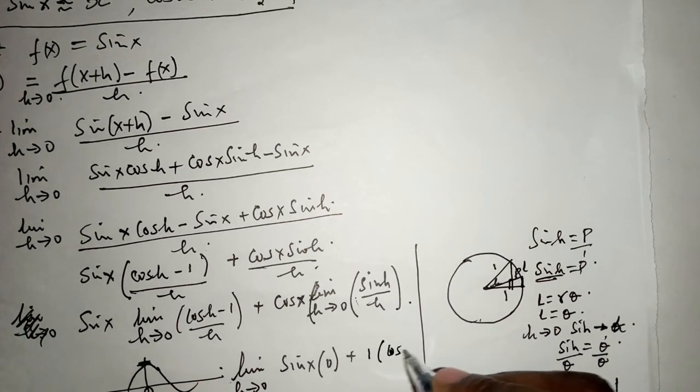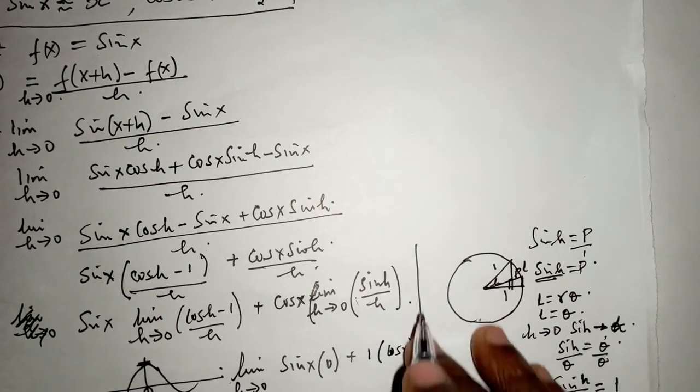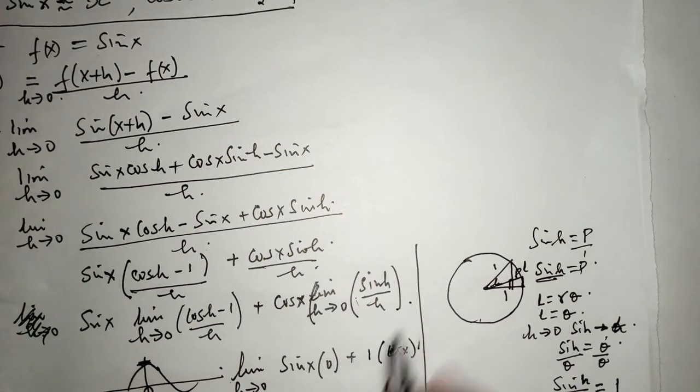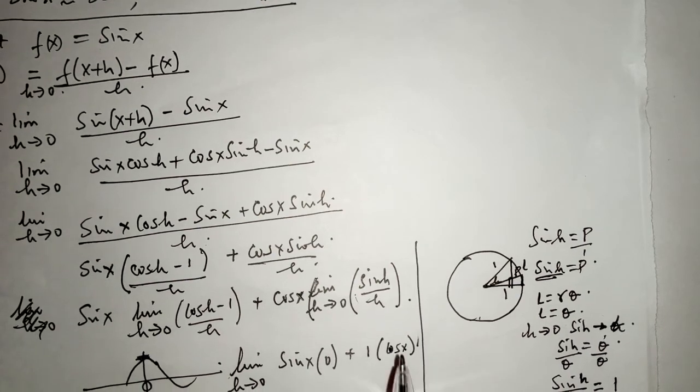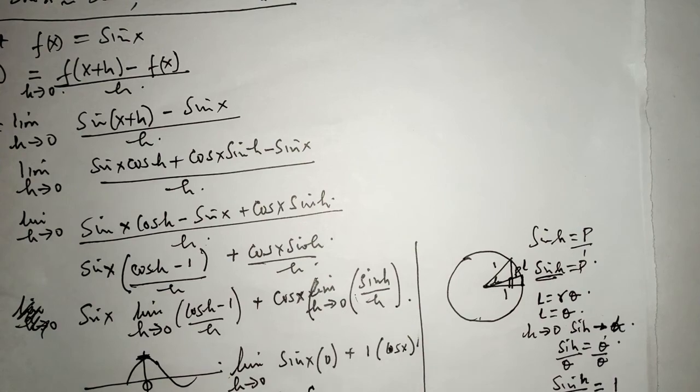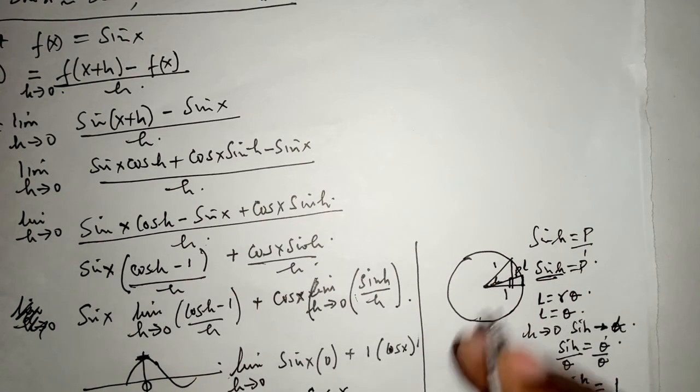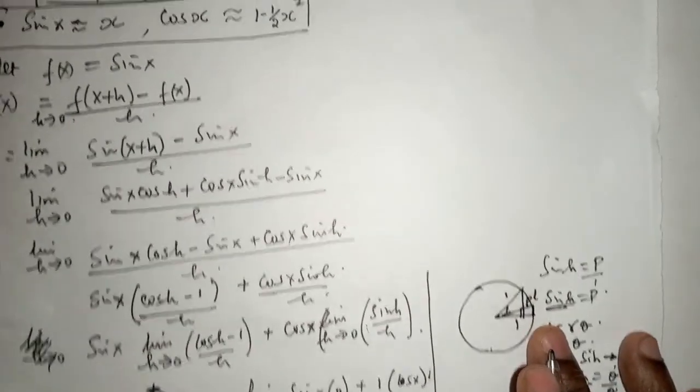1 times the cosine of x. And therefore, this tells us that sine x times 0 is 0, plus 1 times cos x is simply cos x. So therefore, this is the cosine of x. And what conclusion do we have?